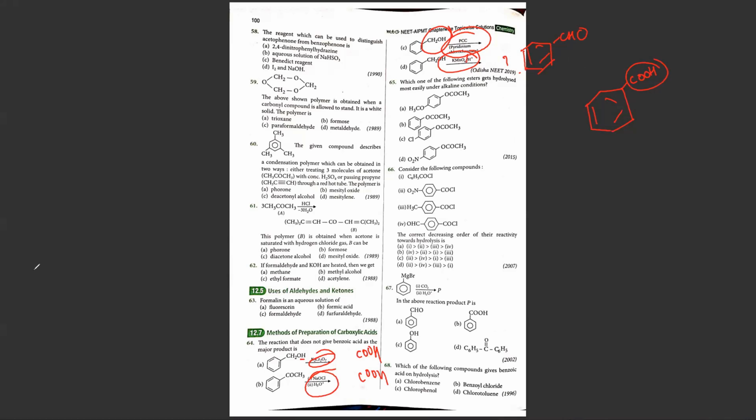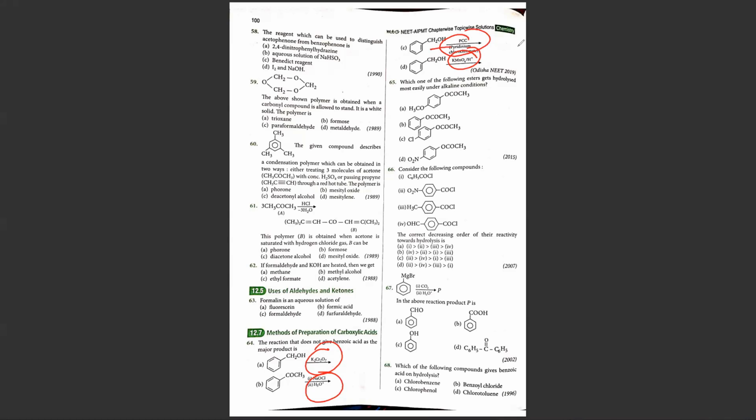The other reagents directly oxidize the ketone or alcohol to carboxylic acid. But PCC restricts further oxidation.